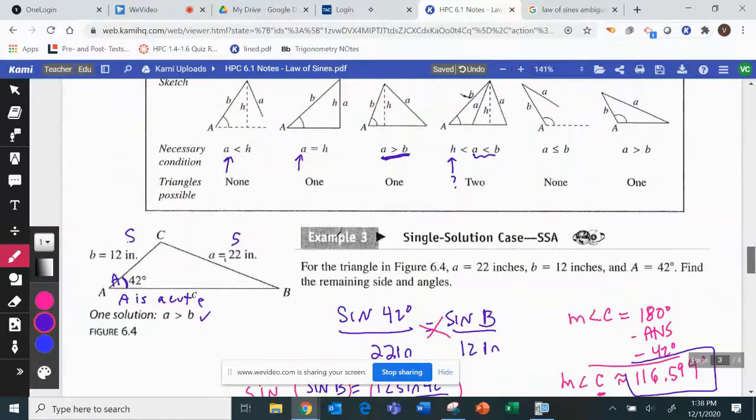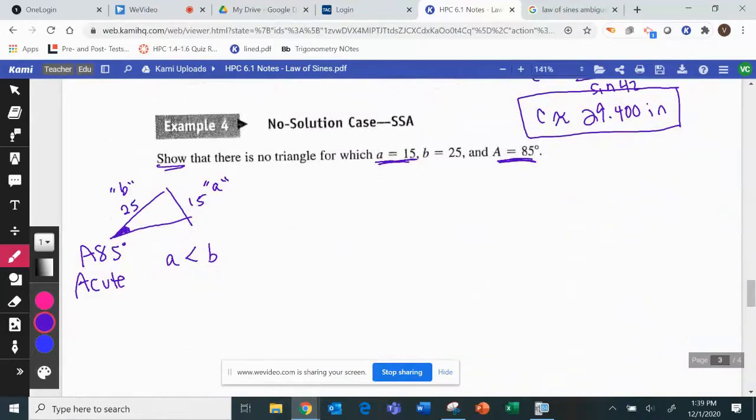A is less than B. So I know it's not A is greater than B. It could be 2, or it could be none, or it could be 1, because that says nothing about the B's on those first 2. So I need the H value to figure this out. So we're going to find H, which is B sine A. So we do 25 sine 85.